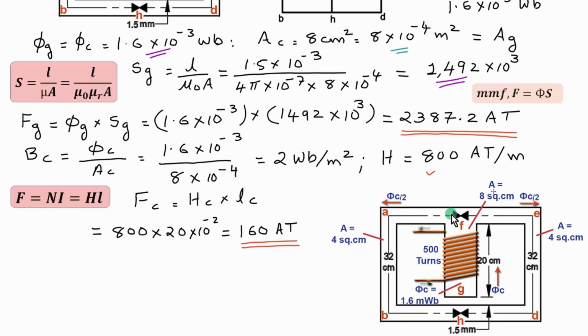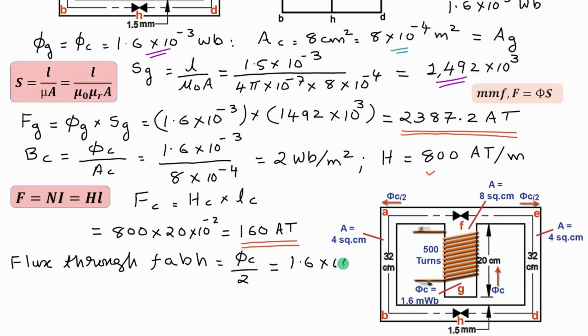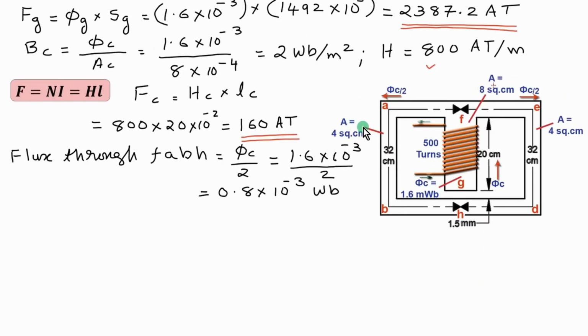Flux passing through this outer path FABH is half the flux in the inner path, that is flux through FABH is equal to phi C divided by 2, that is equal to 1.6 into 10 raised to minus 3 divided by 2, that is 0.8 into 10 raised to minus 3 Weber. Area of cross section of this outer limb is given as 4 centimeter square.